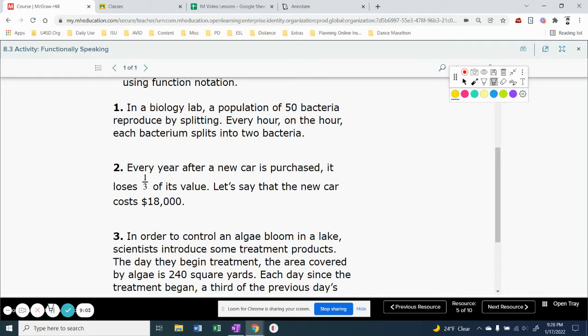We have the number of bacteria, and we have hours. So we have the number of hours, and we have the total population of bacteria.